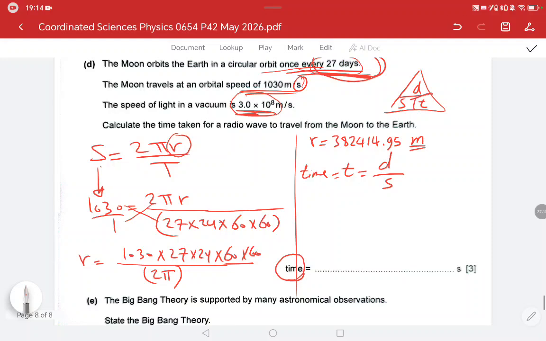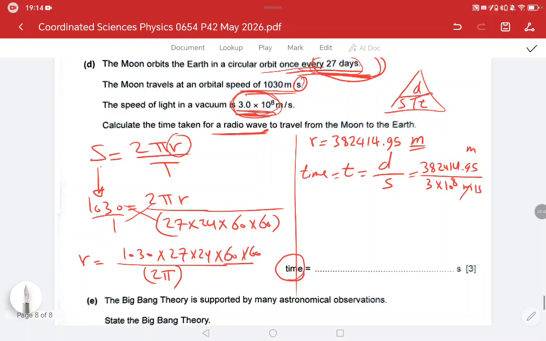So time is distance over speed. The distance now is my r, 382,414.95 meters, and the speed is the speed of light, because radio waves, like all electromagnetic spectrum, travel at the speed of light. So 3 times 10 to the power of 8 meters per second.